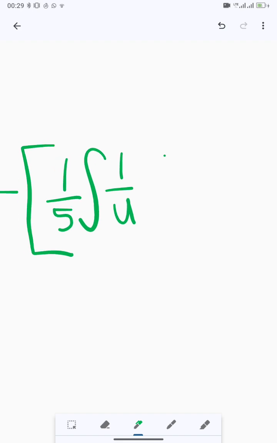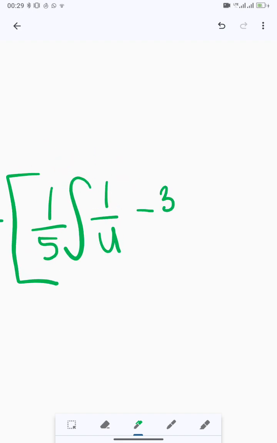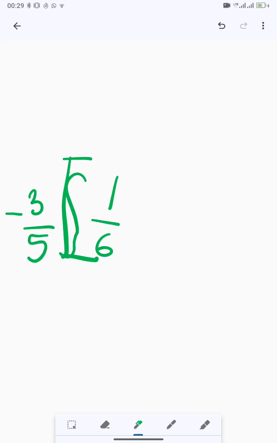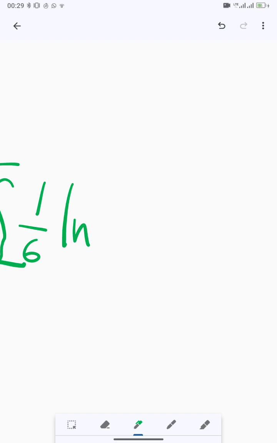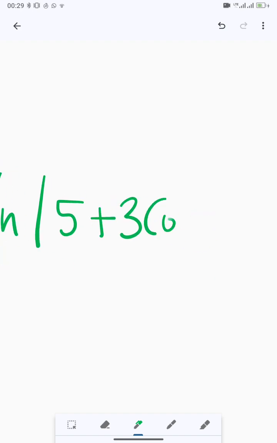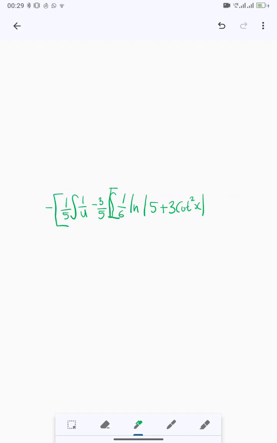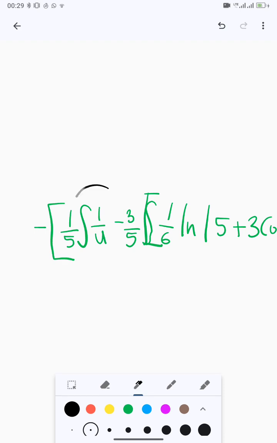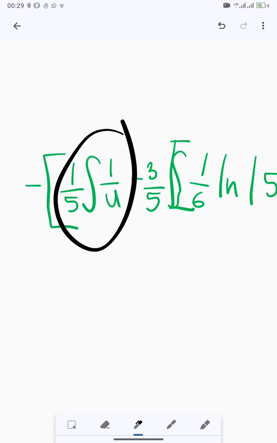Then I have minus 3 over 5 multiplied by the integral of what we found, which is simply 1 over 6 ln absolute value of 5 plus 3 cot squared x. I cannot put the constant of integration because I haven't integrated this part of the equation. This one is very simple, that's why I didn't mind it.